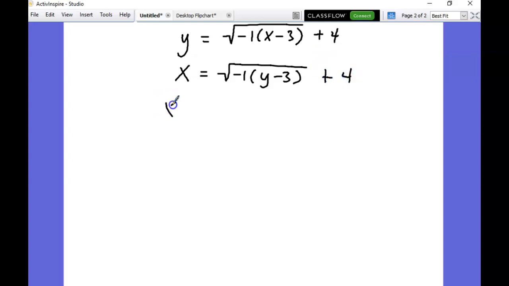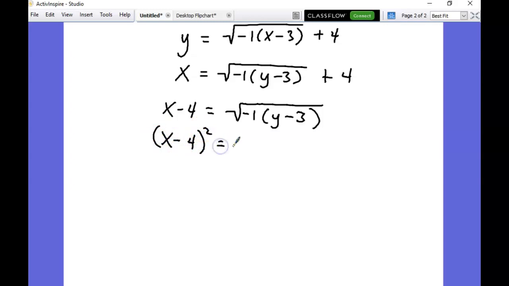So move the 4 over. Okay. Braden, what's next? There you go. So raise both sides to the second power.